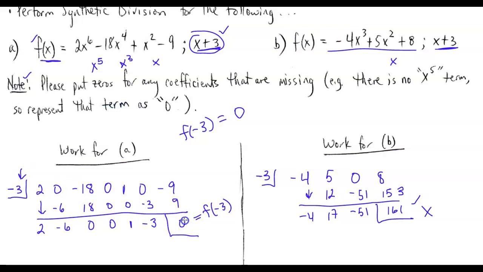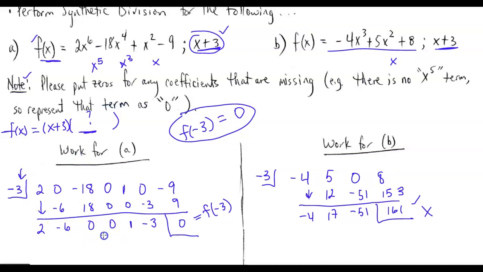The other thing is that if I know f of x can be written as x plus 3 times something else, because x plus 3 is a factor, then I also know what the something else is.